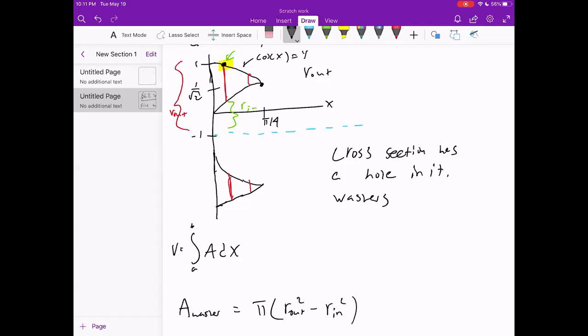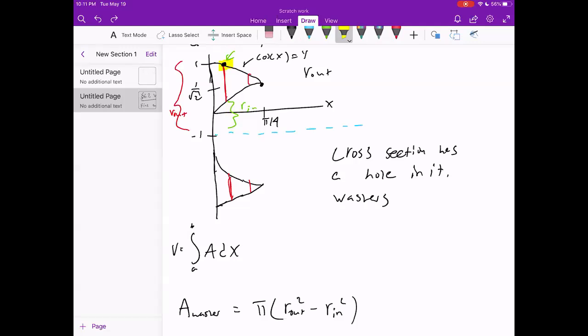So that gives me the distance from the point here down to the x-axis, just doing cosine x. I also need to add 1 to that because I also need to take into account that there's a distance of 1 between the x-axis and the axis of rotation.